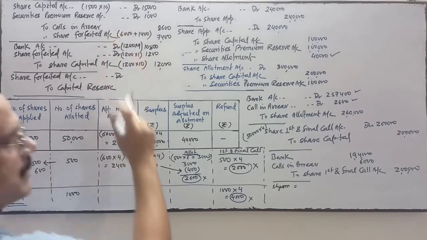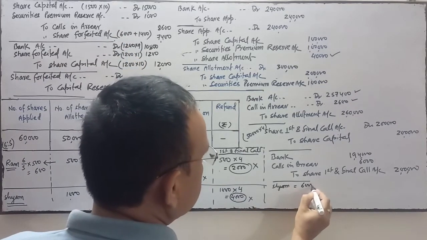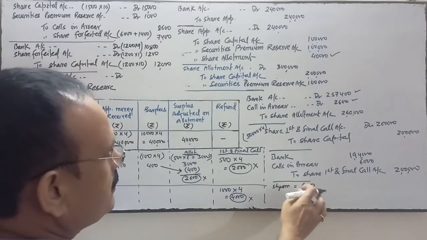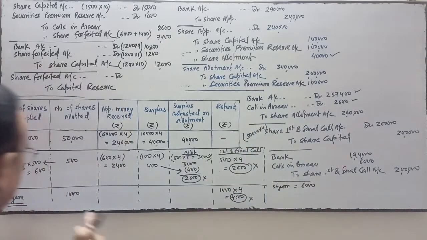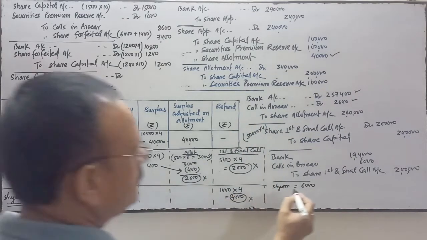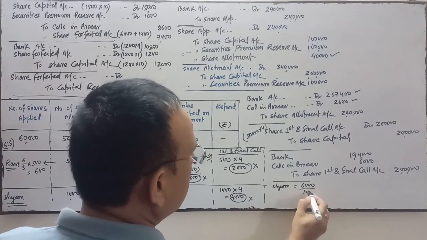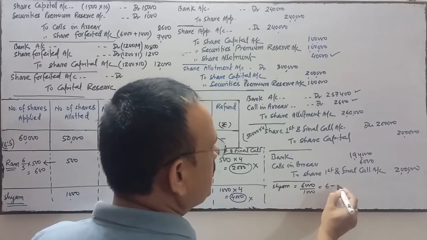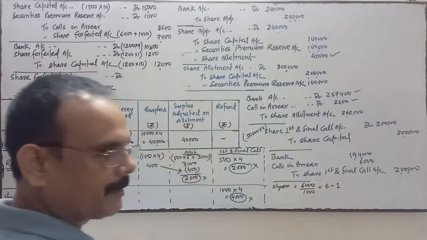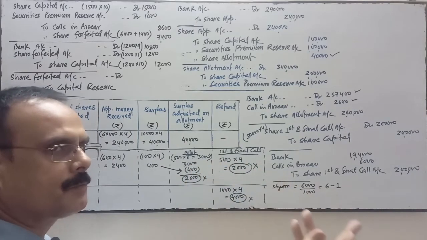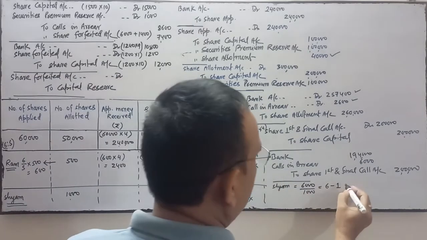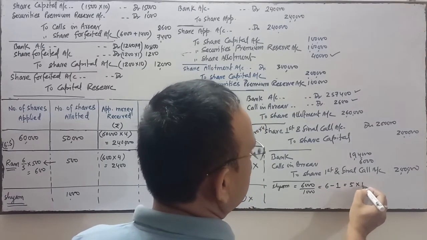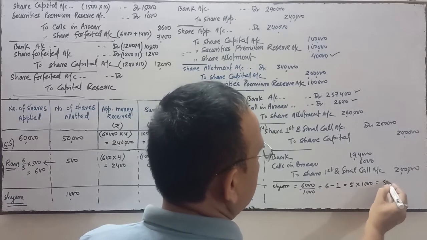Shyam's 6000 rupees is forfeited by the company on 1000 shares. So per share gain of the company is rupees 6. This share is reissued at a loss of rupee 1, because shares are issued at a discount. So 1 rupee is the loss. So net gain is 5 rupees per share, and the number of shares reissued of Shyam is 1000. So it is 5000.